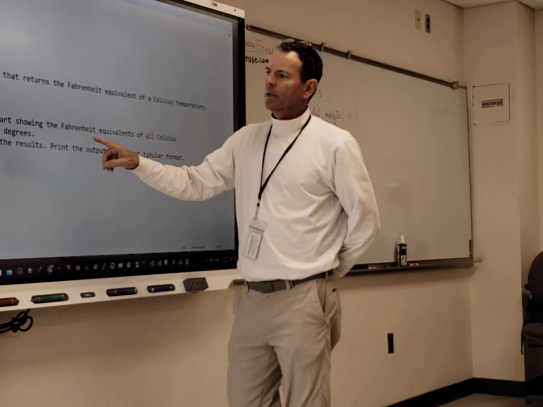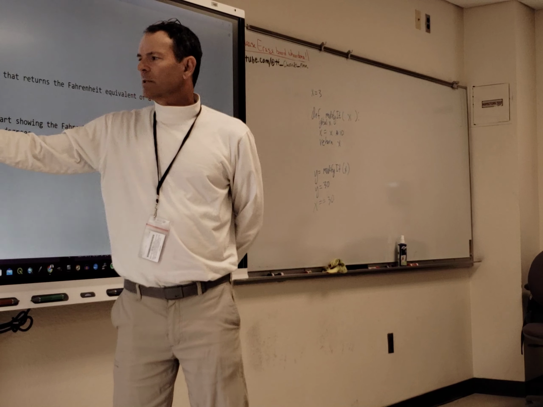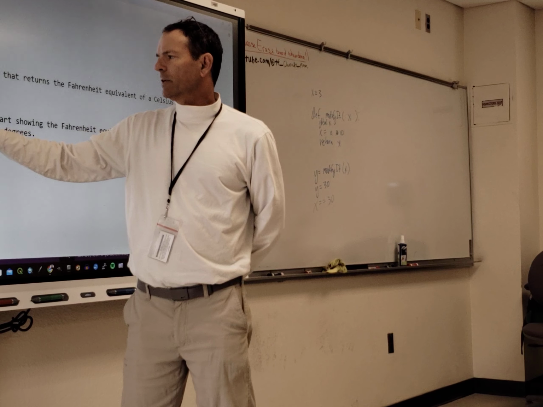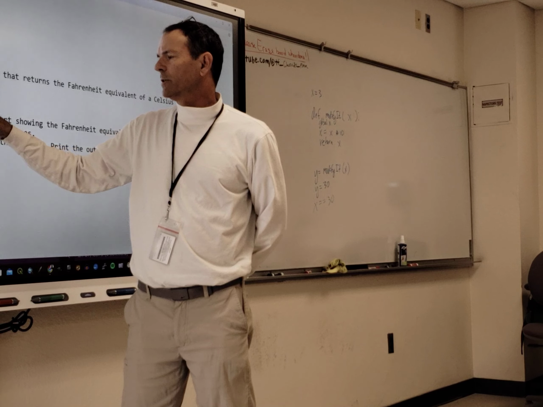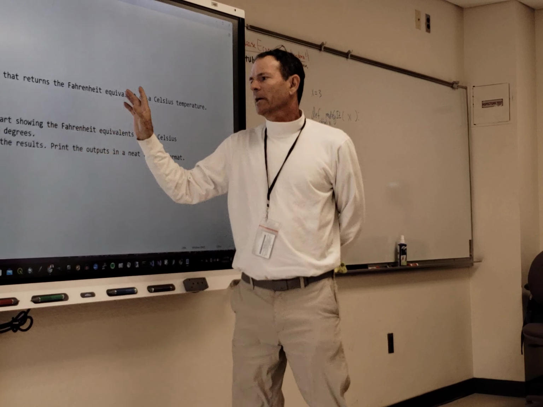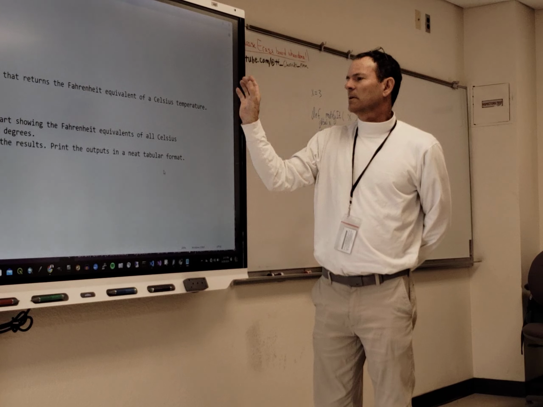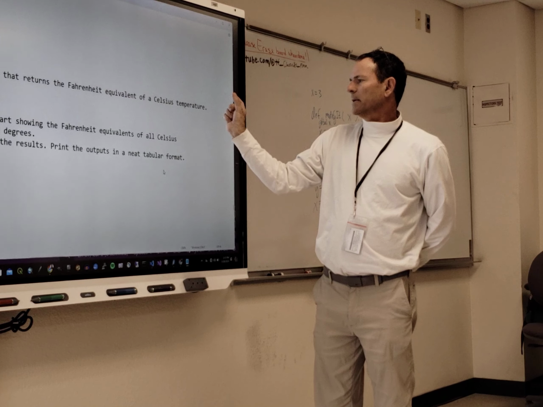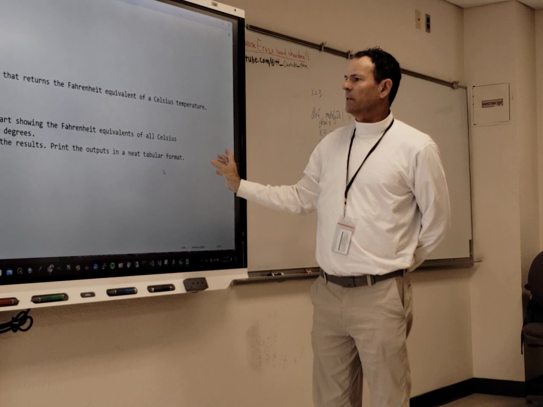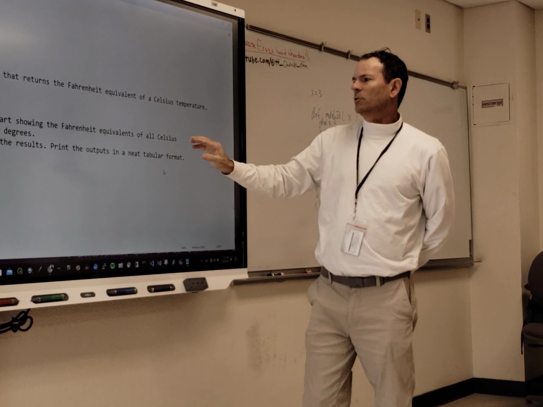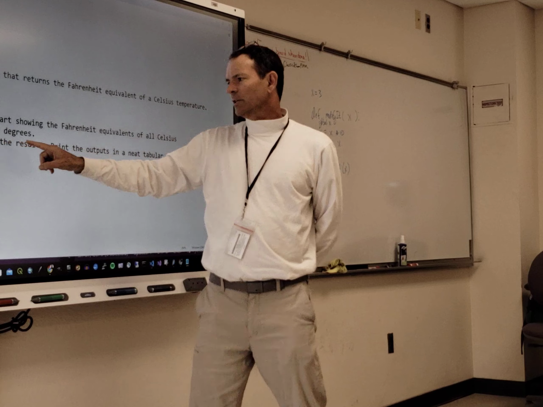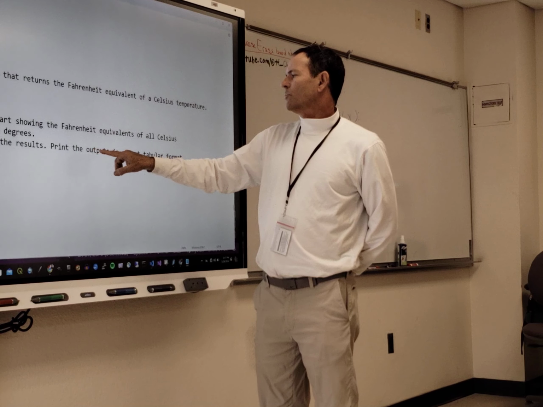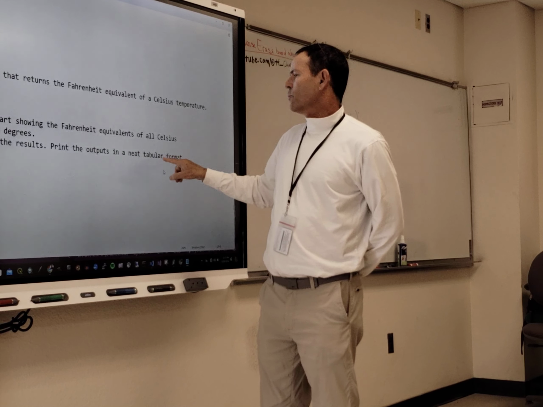So this is the formula: Fahrenheit equals 9/5 times centigrade, or Celsius, plus 32. So I want you to print out a chart that has Fahrenheit in one column and Celsius in the other. And I want you to do it with 1 digit of precision. And I want you to print the outputs in a neat tabular format.